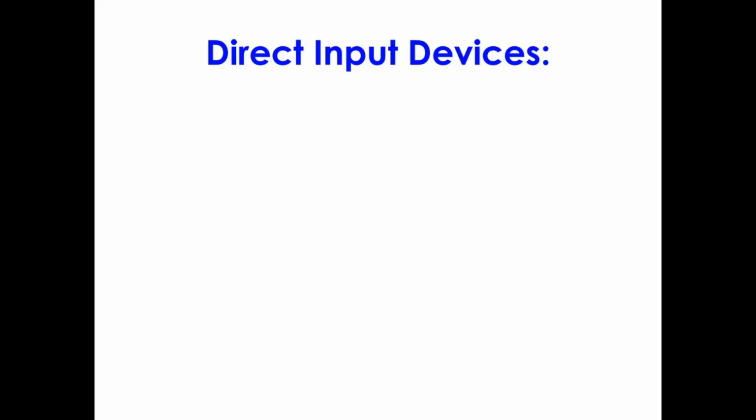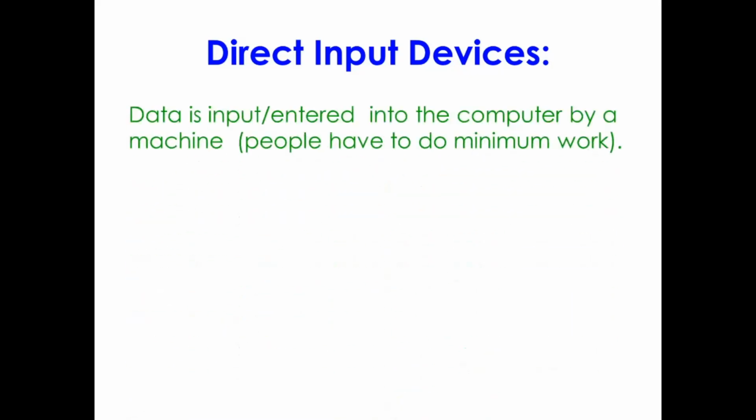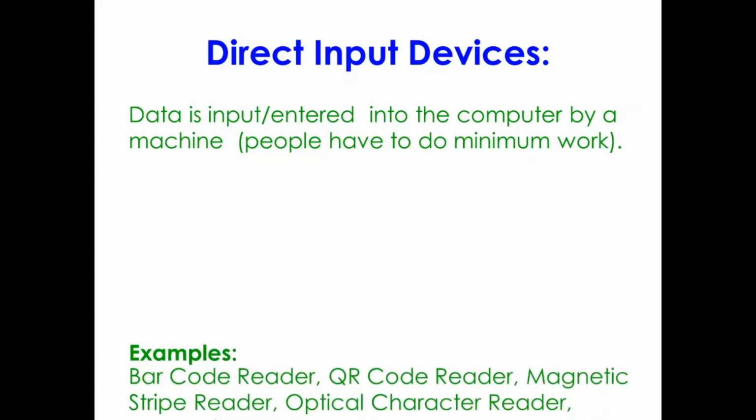Direct input devices means what? Data is input or entered into the computer by a machine. People have to do minimum work. Here most of the work is done by the machine and the people who are involved have to do minimum work.